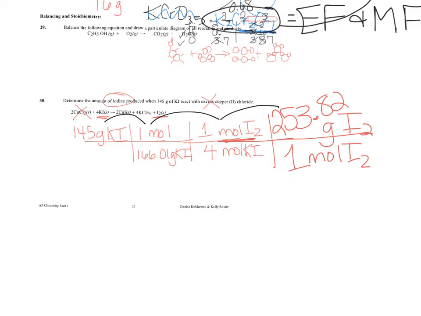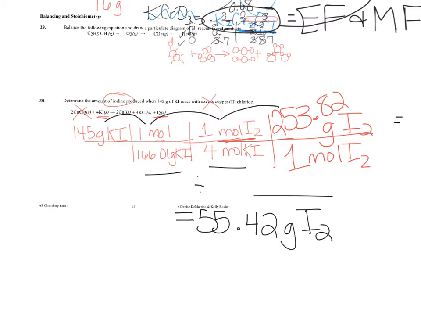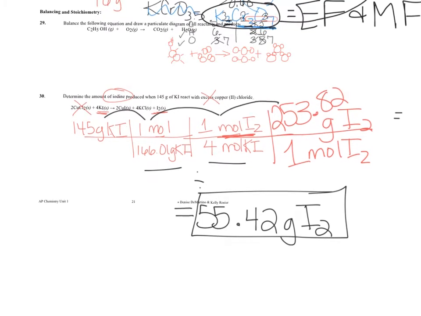You should push equal in your calculator. And then you're going to divide by 166.01. Push the divide again, 4, and push the divide again for 1. Hopefully after you have done that, your answer you should be seeing is 55.42 grams of iodine.